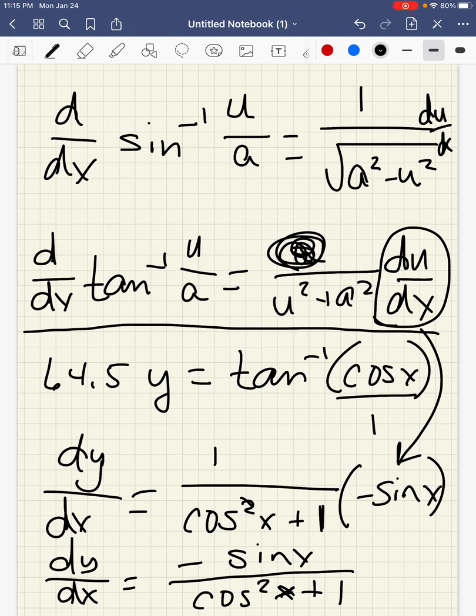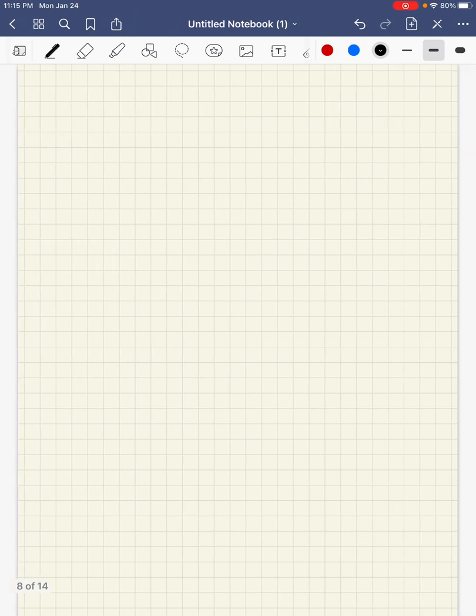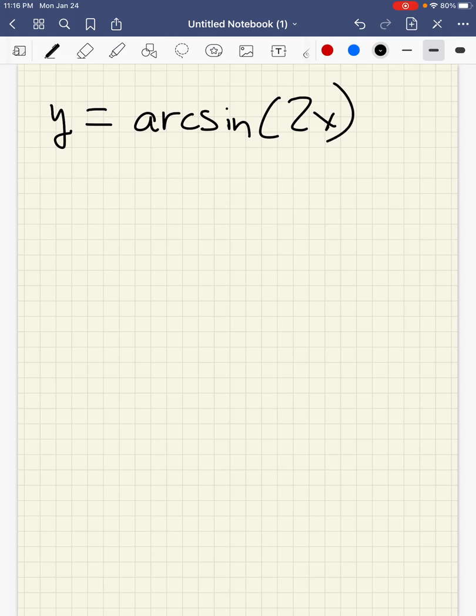Okay, let's try another couple of these. The next one says y is equal to arc sine of 2x, and we're supposed to find y prime. Well, this is the sine, so I'm going to put here the formulas.